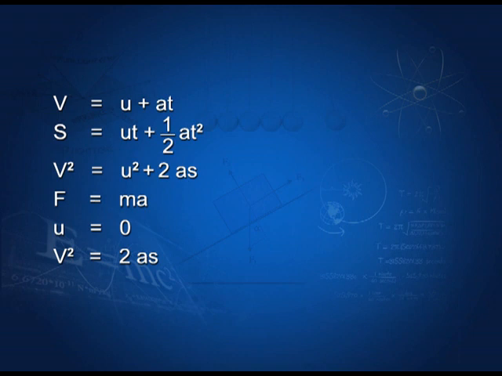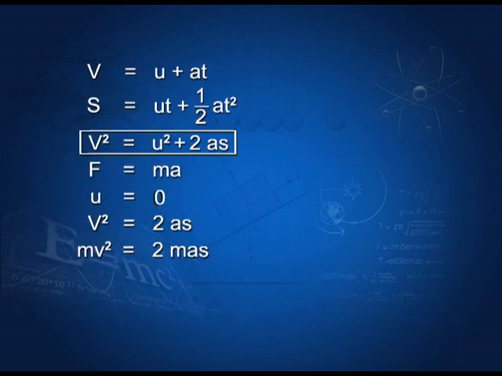So, v square is equal to 2as, and if we multiply both sides by m just to get this ma factor here, so that we could recognize the force in this equation, this could be written as 2 F s. Now, the 2 could be taken on the other side, and it will give us half m v square, which is equal to F dot s.